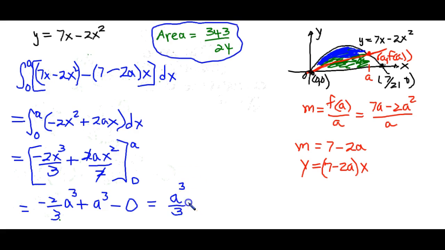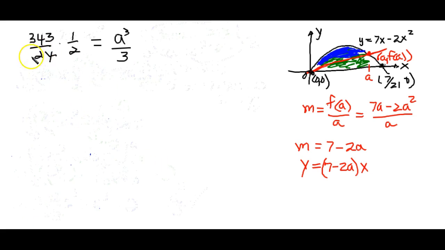So this value here has to be equal to half of the value up here. So that's the next thing we're going to do. We're going to set those two expressions equal to each other, and that's going to allow us to find a.